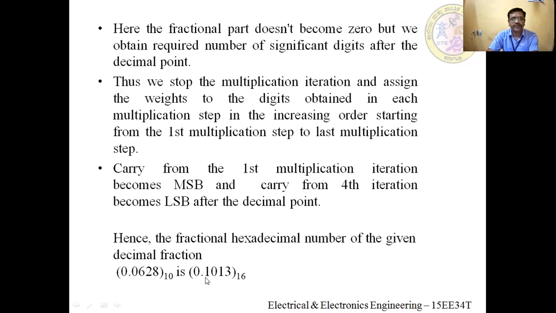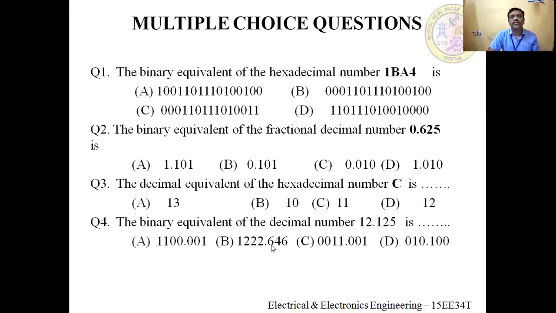So the answer is that the decimal number 0.0628 converted to a hexadecimal number is 0.1013. These are multiple choice questions which you can answer very easily.